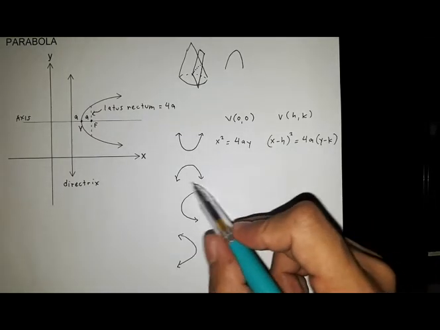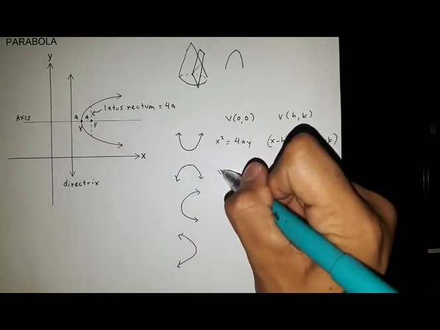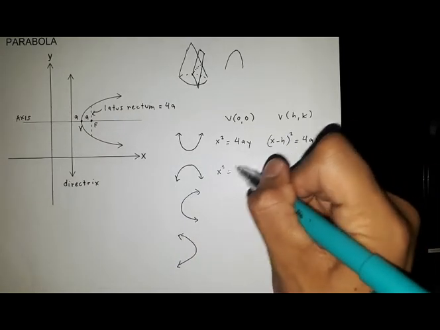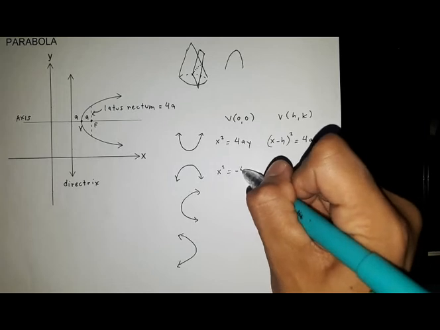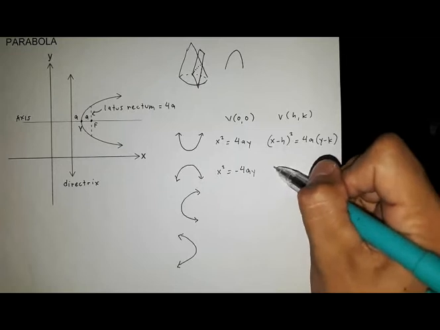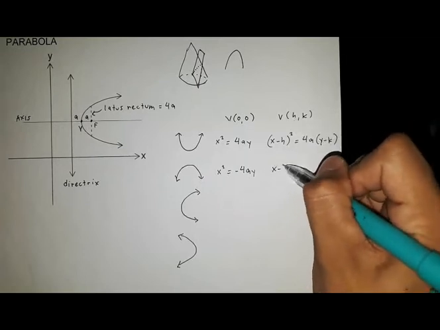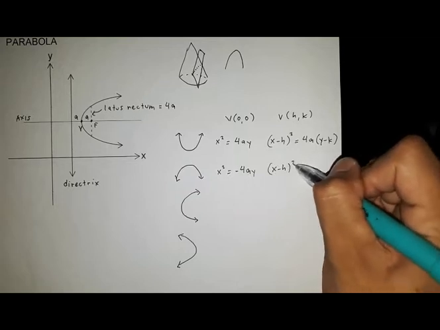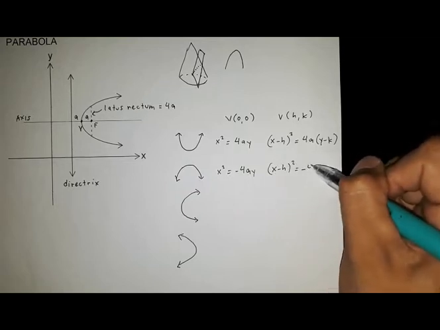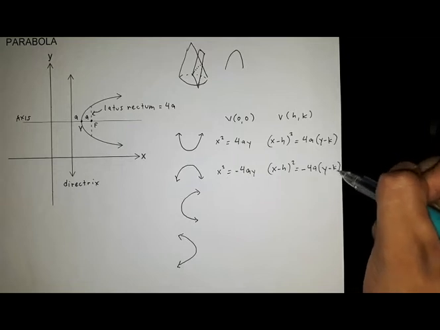When the parabola is opening downward, the equation will be x squared equals negative 4ay. Then at vertex (h, k), you have (x minus h) squared equals negative 4a times (y minus k).